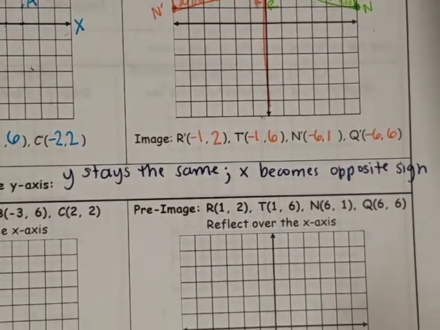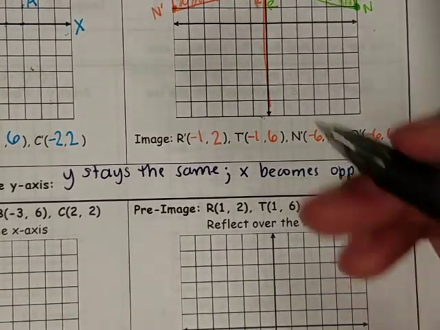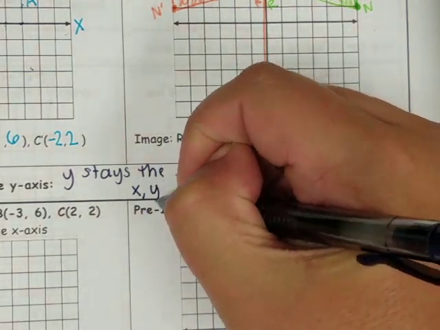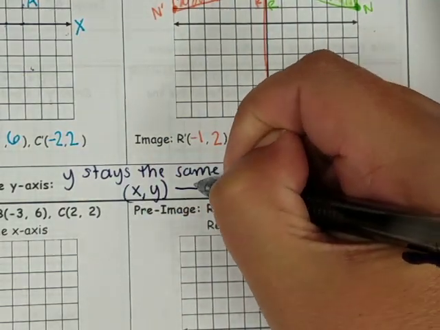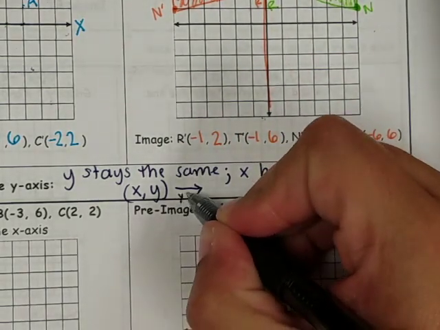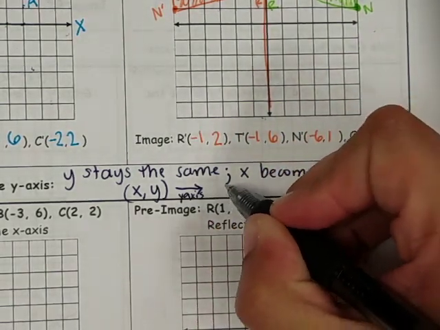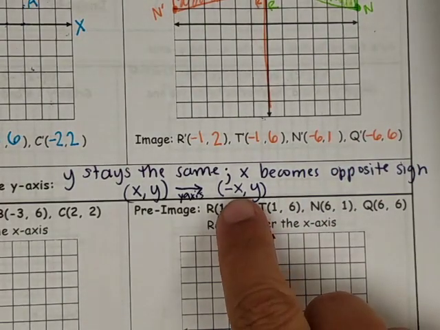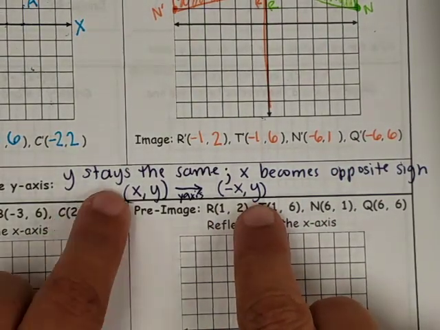And then the way you can write that in notation is my original is (x, y). If I'm reflecting over the y-axis, it's going to become (negative x, y). My x becomes negative and my y stays the same.